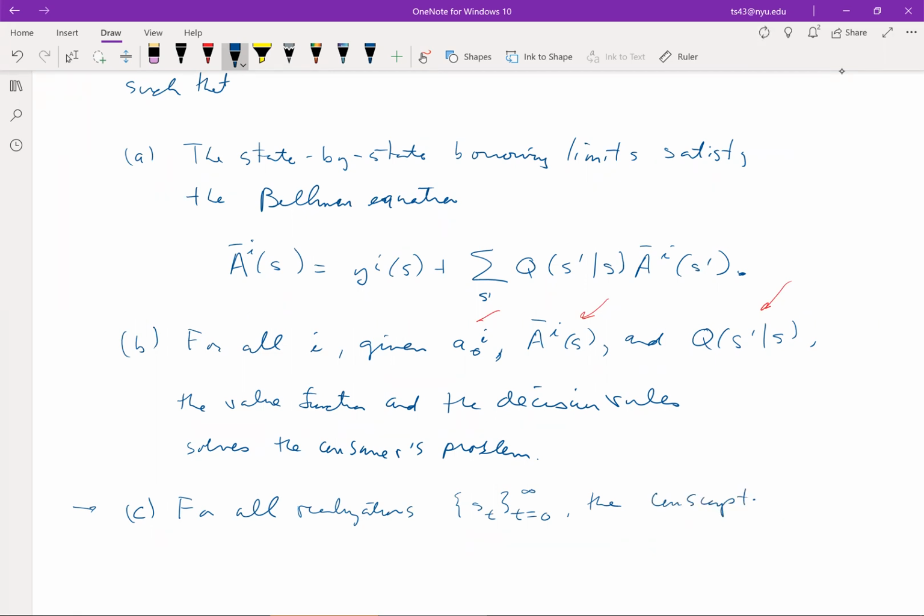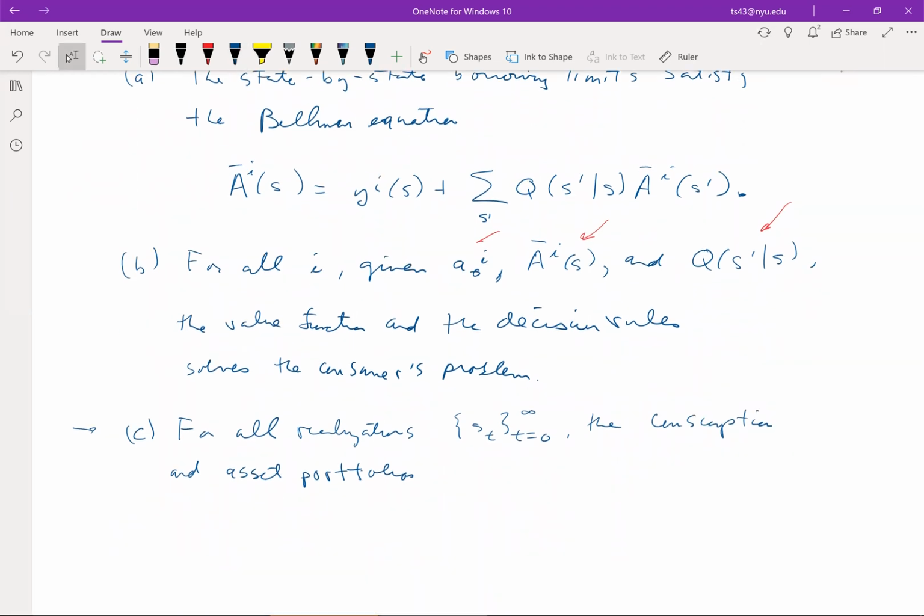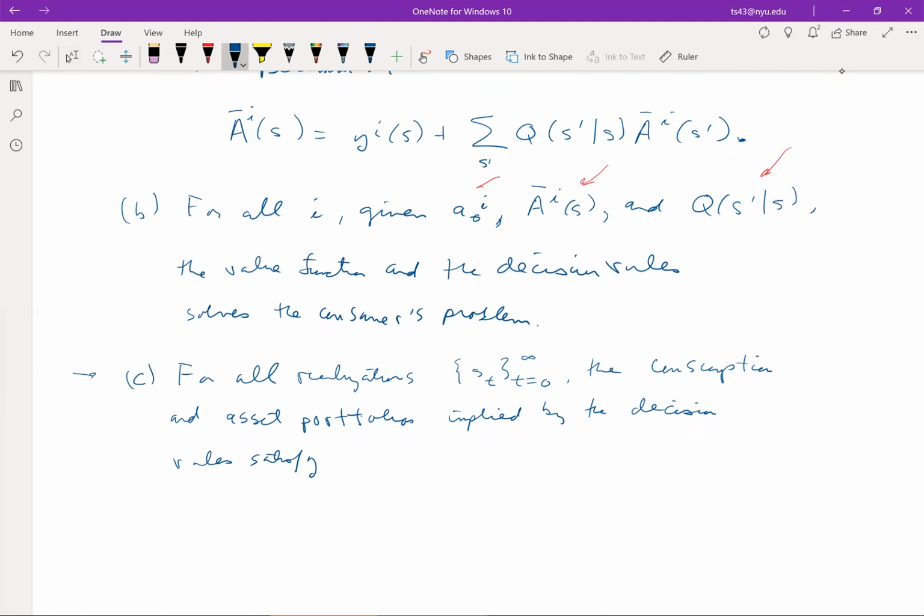The consumption and asset portfolios implied by the decision rules satisfy the following.